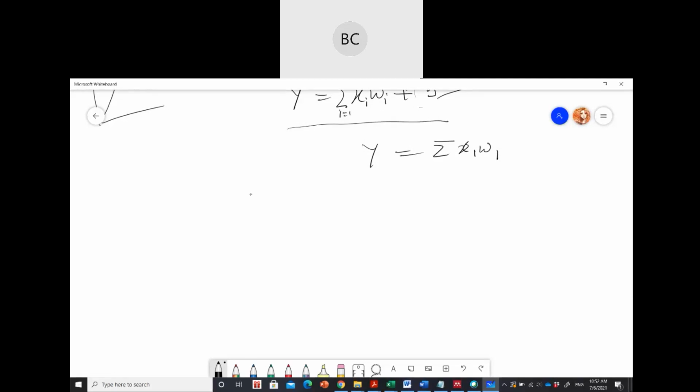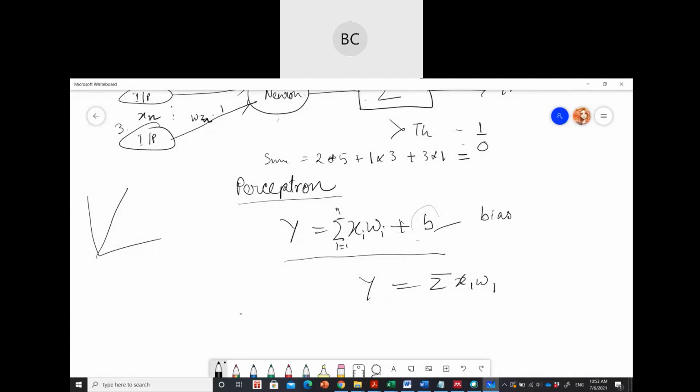Does anyone know the name of the first perceptron? The first perceptron, this basic one, was given by Warren McCulloch.